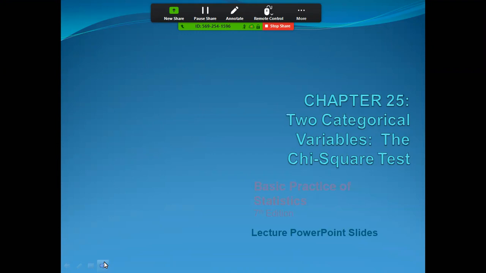Let's take a look at Chapter 22, Two Categorical Variables, the chi-squared test.